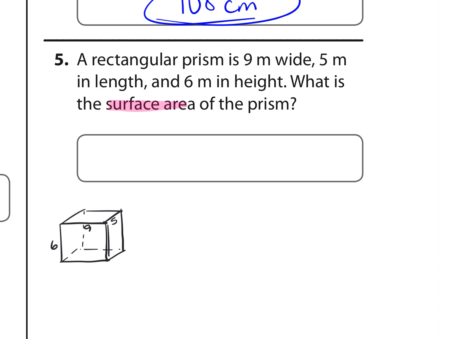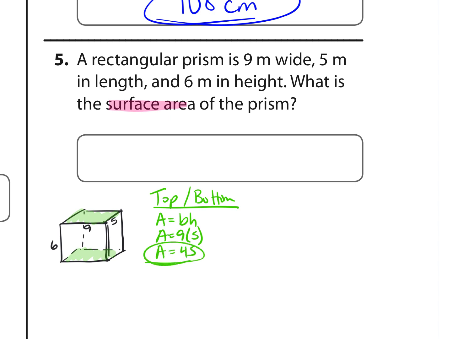So let's start with the top and bottom. That would be these faces. The top and the bottom would be areas equal to base times height. So we have 9 by 5, which is 45. So there's 2 of those.